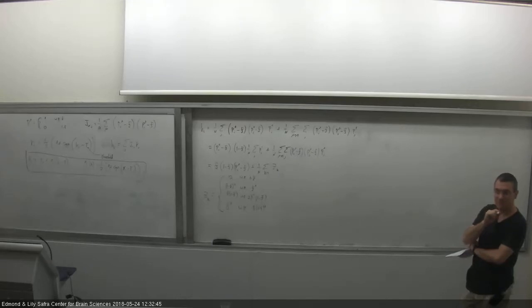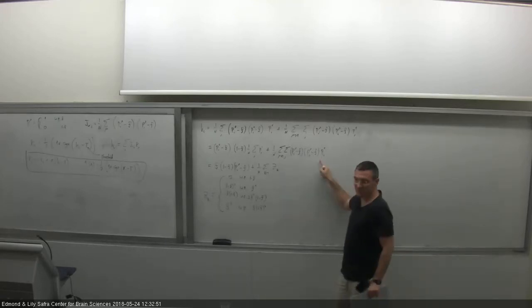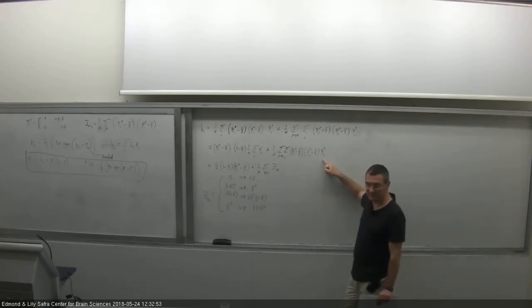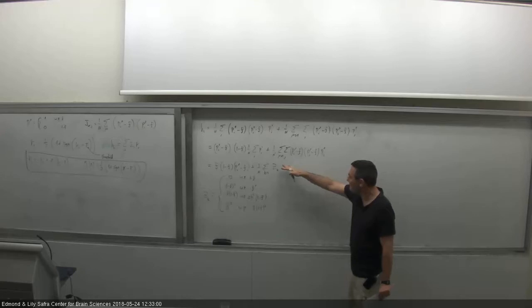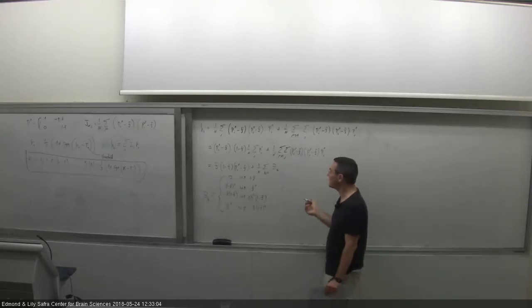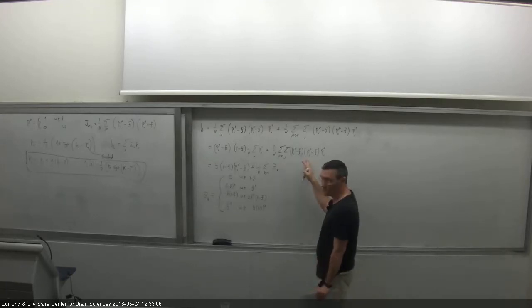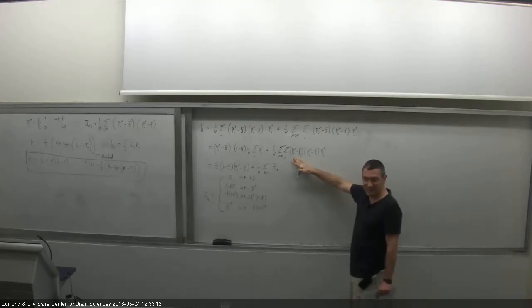Who said the mean? Okay, the mean. So we have this term, and we need to compute the mean and variance of this term. We need to compute the distribution of this term. We already see that it's a sum of many independent stochastic variables from the same distribution. So we expect it to be normally distributed according to the central limit theorem. So we need to compute the mean and variance in order to fully characterize the distribution.